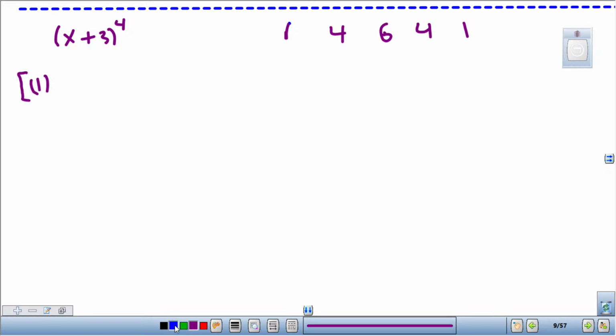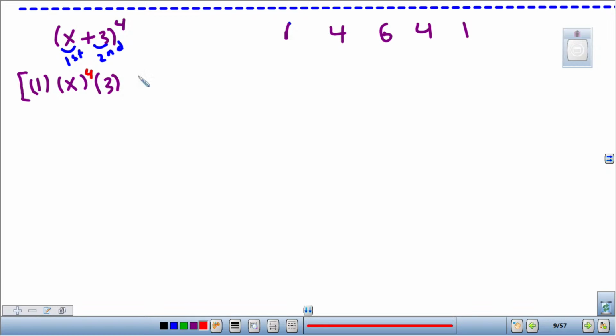And then I'm going to take the term. So this is called my first term, and this is my second term. I'll take my first term, which is x, and put that to the maximum possible exponent, the highest, which is 4, times the second term, which is the 3, to the lowest possible.